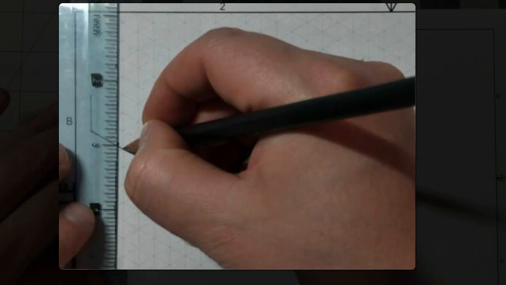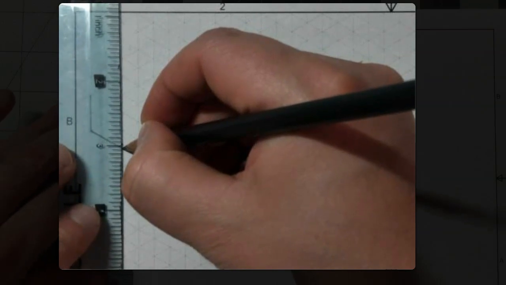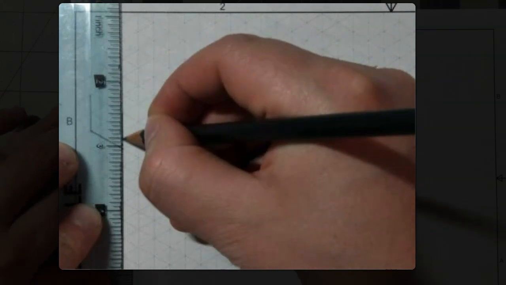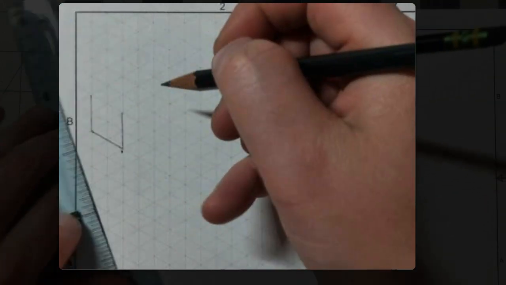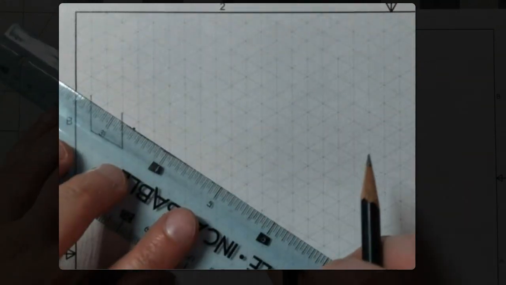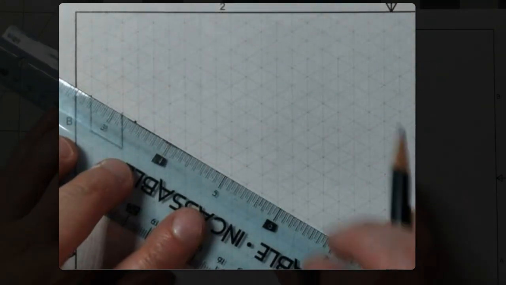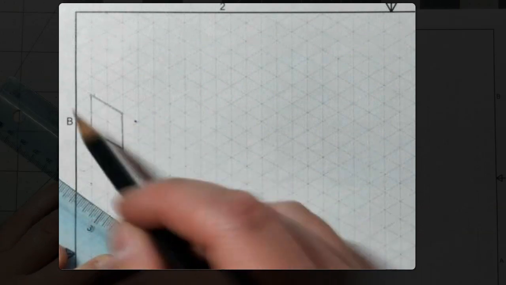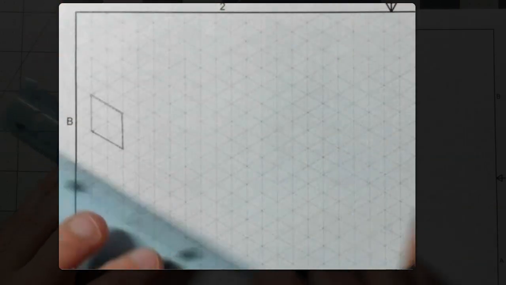So from this line, or from the edge right there, line it up. Make sure your rulers line up perfectly with the grid lines. Just like that. Then line up those two ends of those two lines, and now you have sort of a diamond shape.